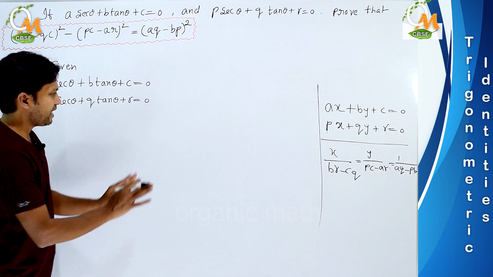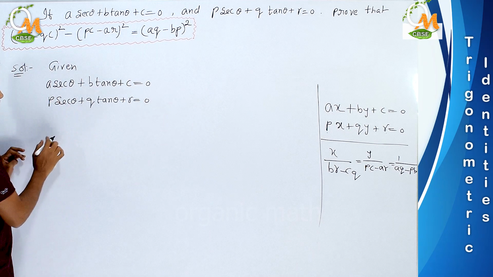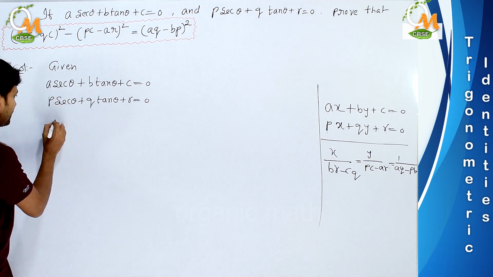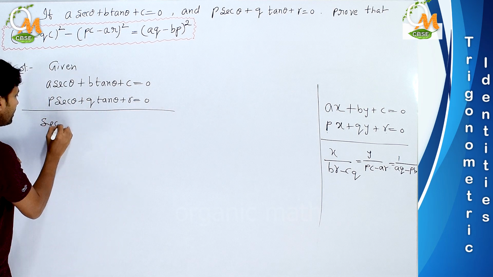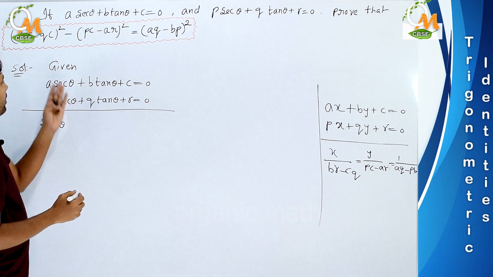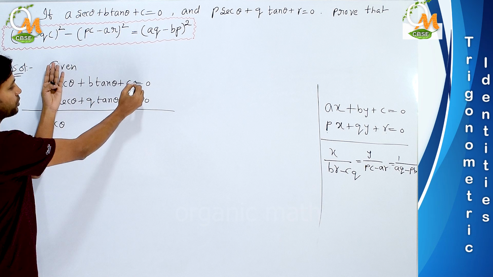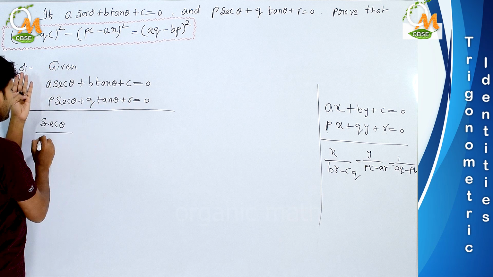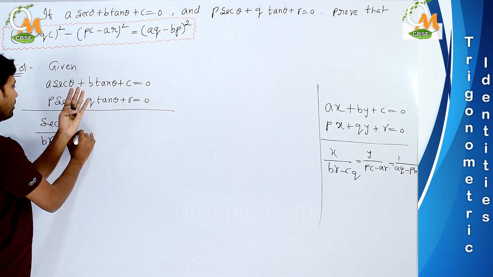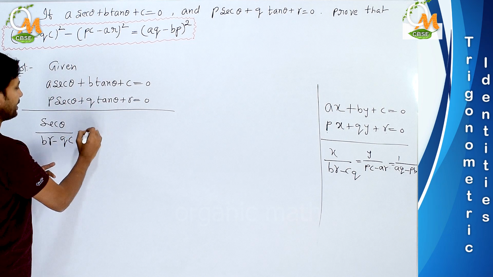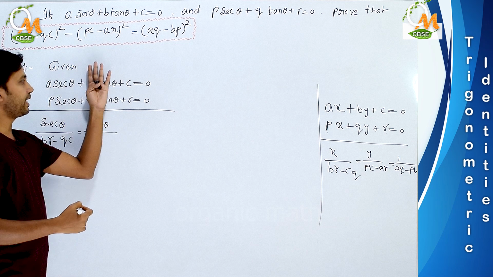So in the same way we can apply here also. Yes, apply that. Here x would be secant theta. Let me write here, x is secant theta. Now close the x terms. What do we multiply? br minus qc. Secant theta by br minus qc. Now what is y here? Tan theta. Tan theta upon, close the tan theta terms.